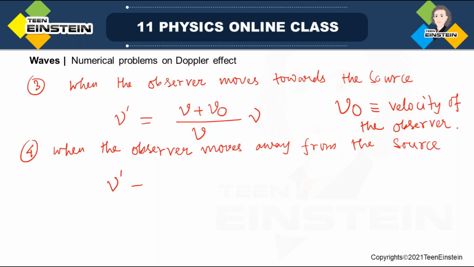So this will be nu prime is equal to v minus vo divided by v into nu. Okay, so this is the case.